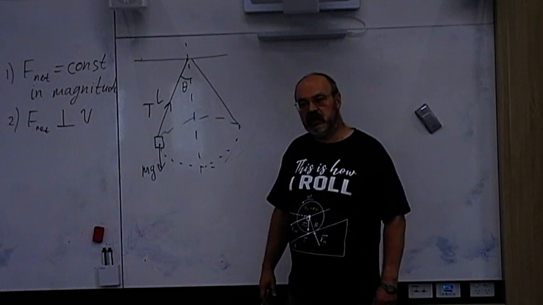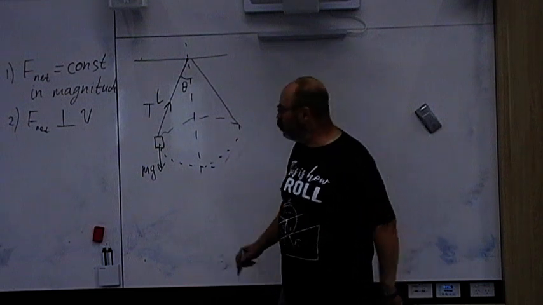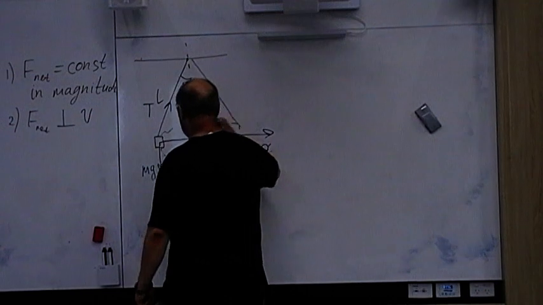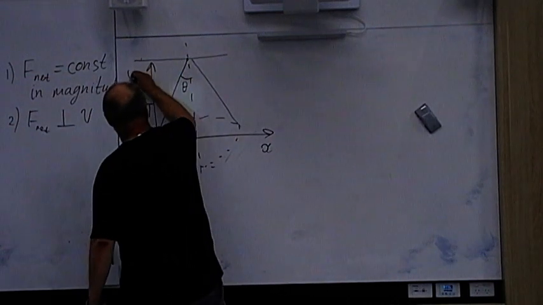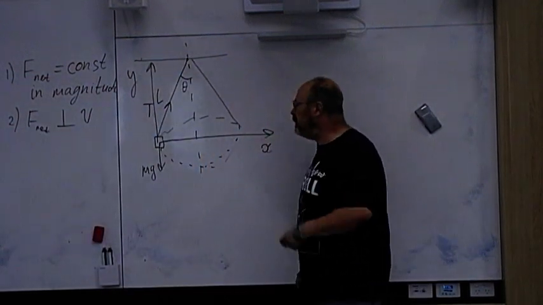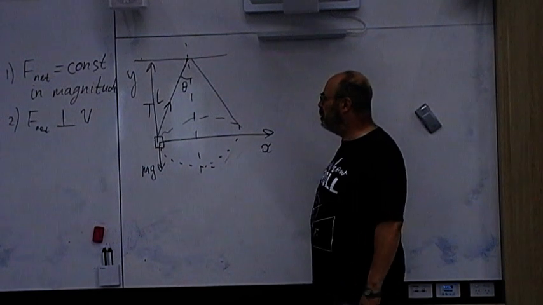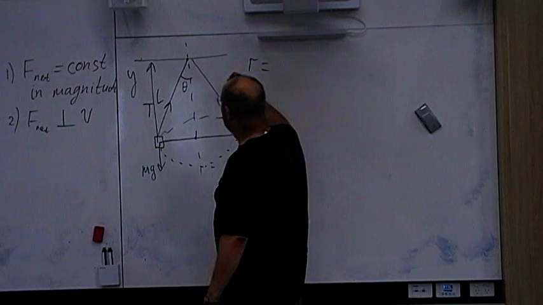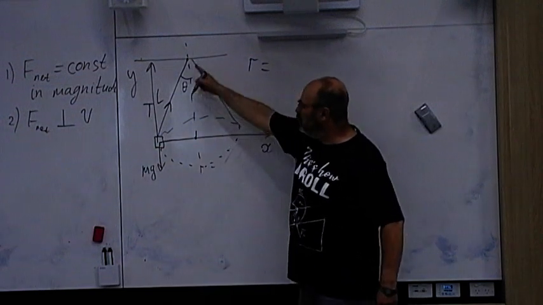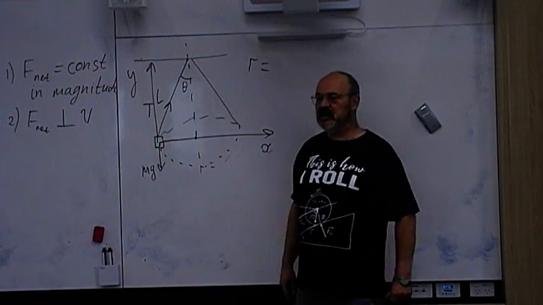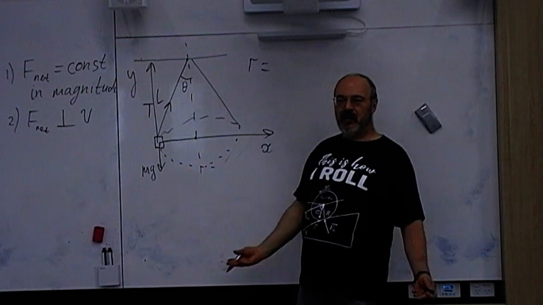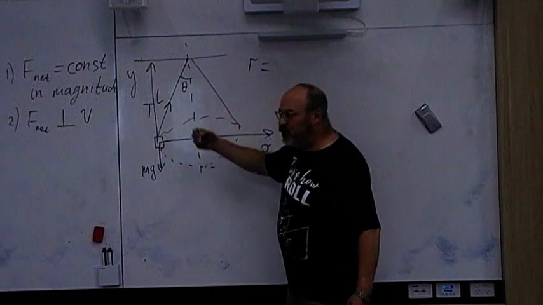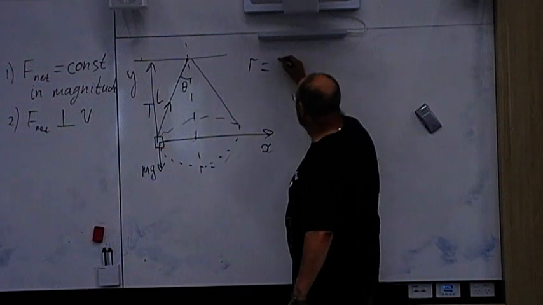We choose axes because we have two-dimensional motion: x this way and y vertical. Let's find the radius of the circle. This is L and angle theta. Basic trigonometry. What is the radius of the circle? L sine theta.